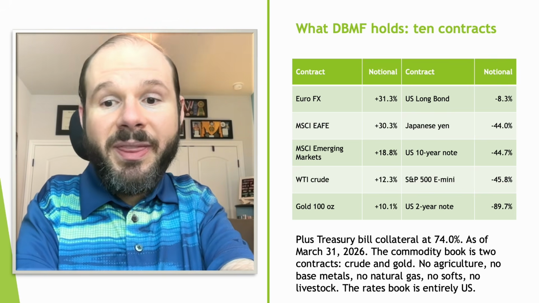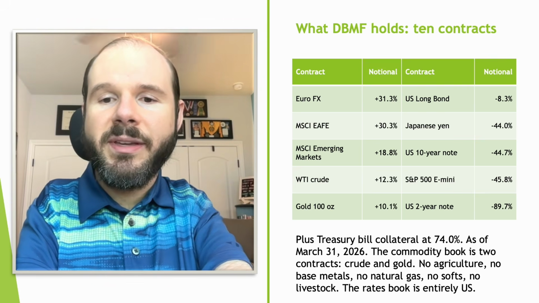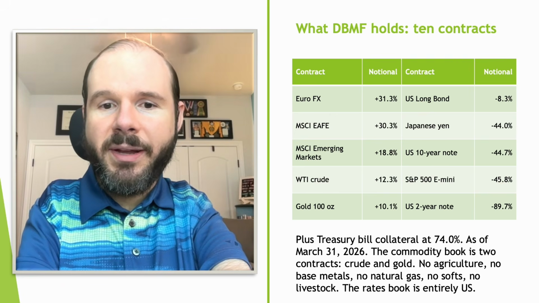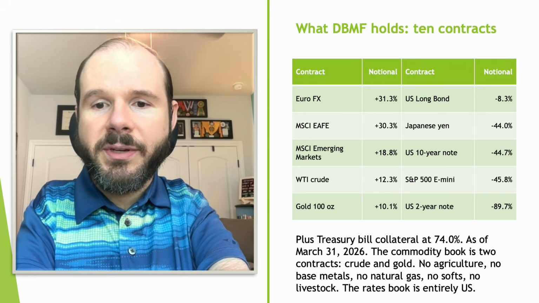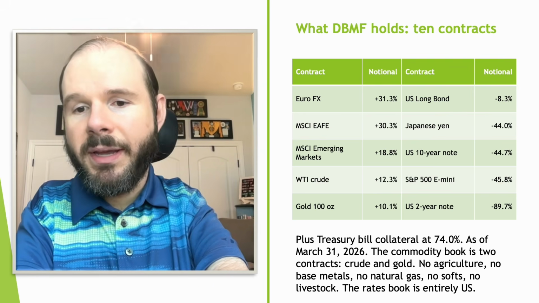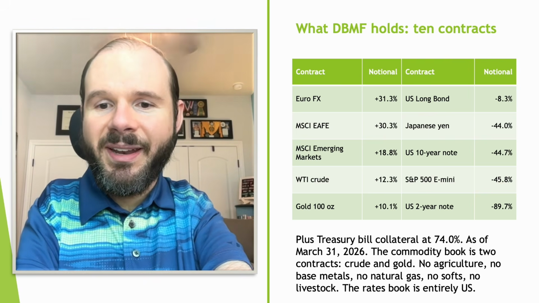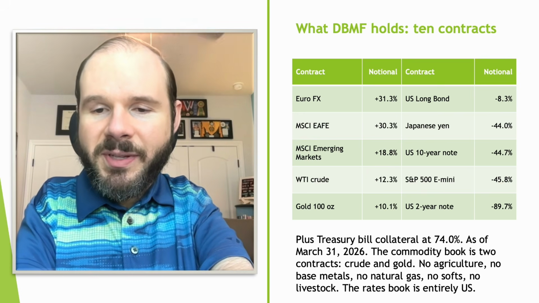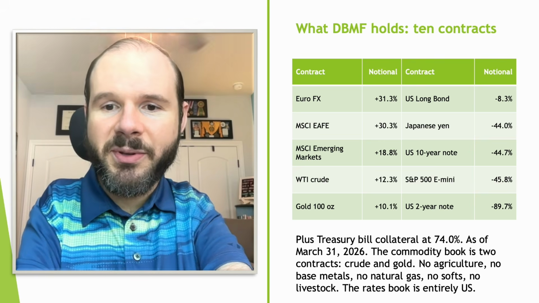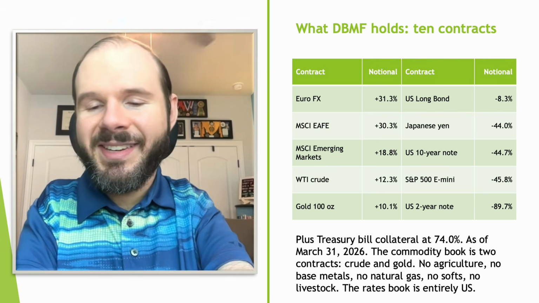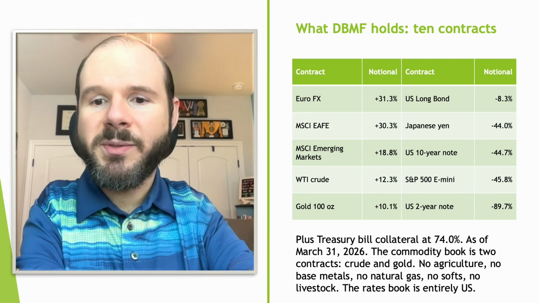So that kind of explains its outperformance and why it's going so much higher than its base SG CTA Index, right? Because think about all the trading drama that's been going on with the closing of trading routes, oil prices spiking, and the path that gold's been tracing since 2019. If you've got 10% notional exposure to gold and like 12% notional exposure to oil, then that's going to give you a bit of an advantage over a fund that has a wider spread.